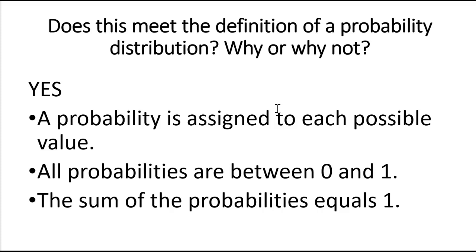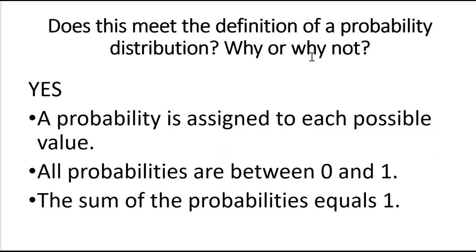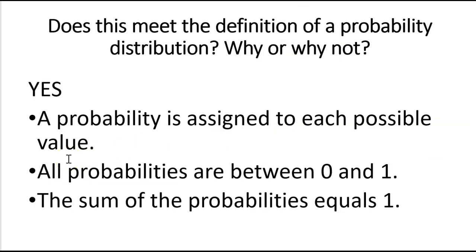All of the probabilities are between 0 and 1. And finally, the sum of the probabilities must equal 1. Take a moment and confirm that if we add these numbers together, we do in fact get 1. So this is a valid probability distribution.